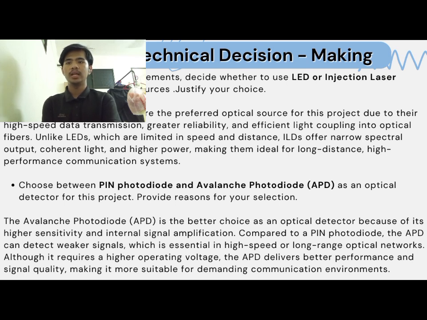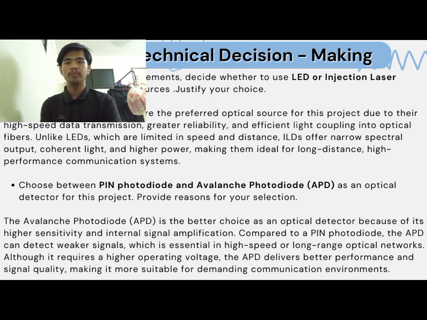Choose between PIN photodiode and avalanche photodiode APD as an optical detector for this project. Provide reasons for your selection. The avalanche photodiode APD is the better choice as an optical detector because of its higher sensitivity and internal signal amplification.